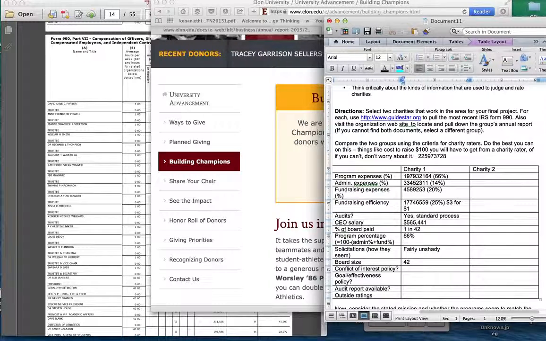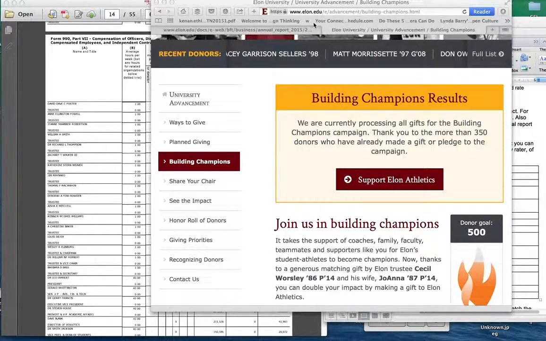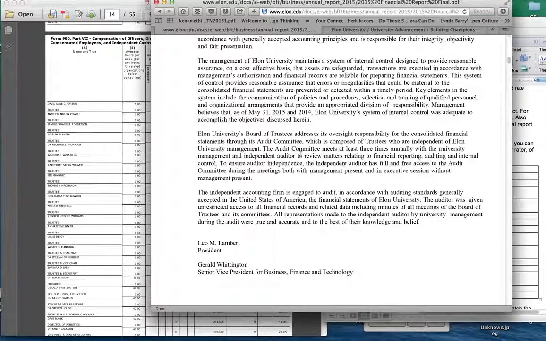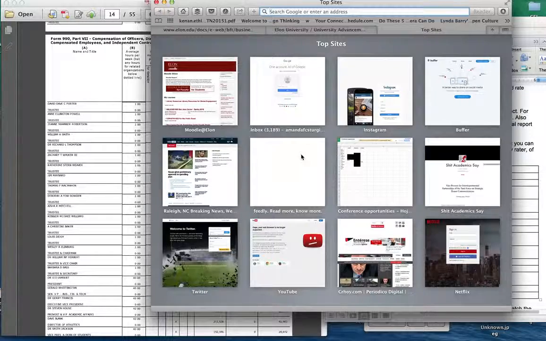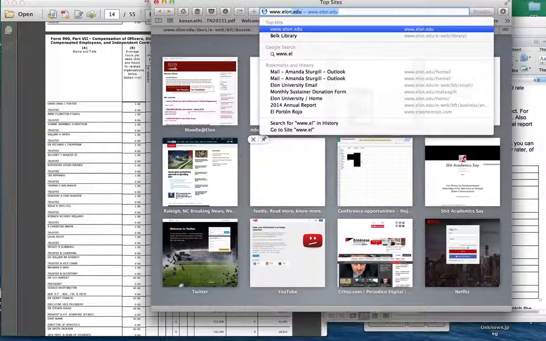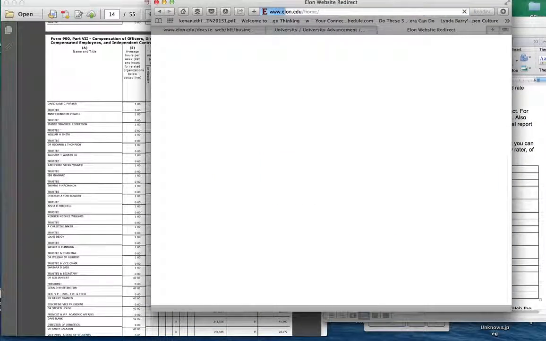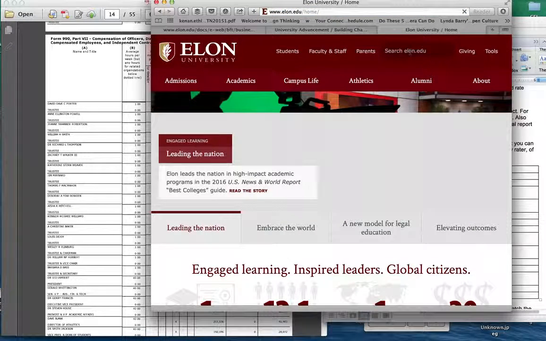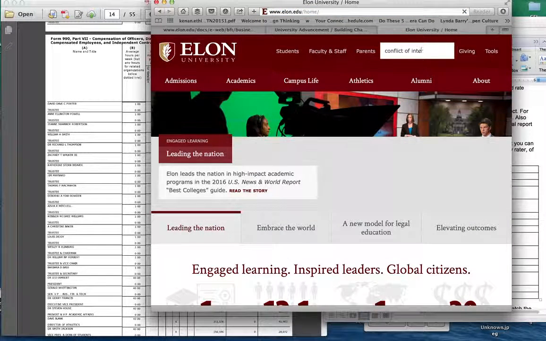Unshady. Okay, does the university have a conflict of interest policy? I'm not sure, but we can probably do this. Again, so you'd be doing this with your own charity to go in there. Conflict of interest.